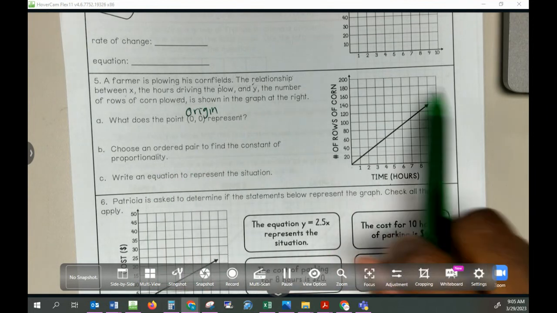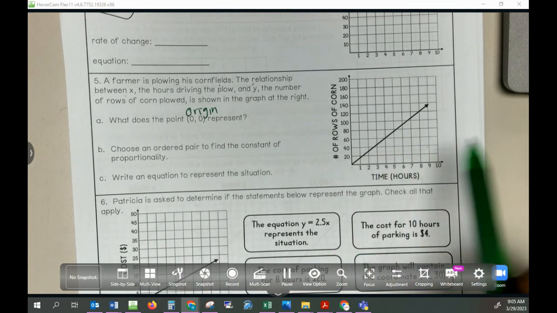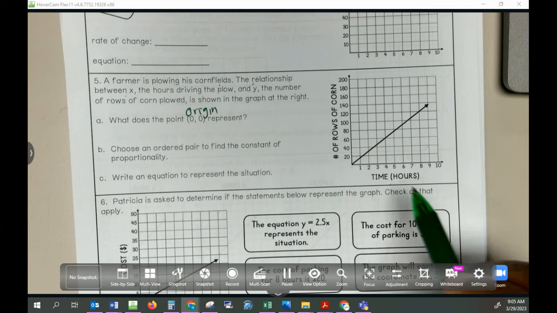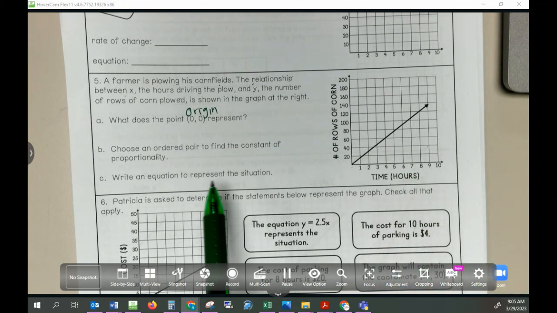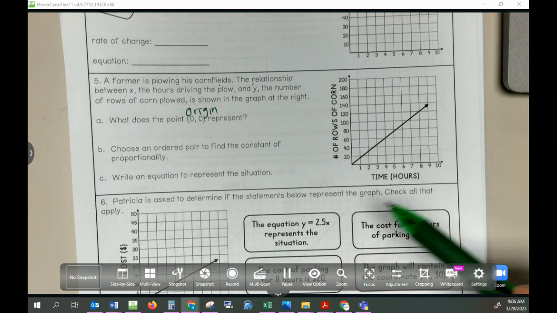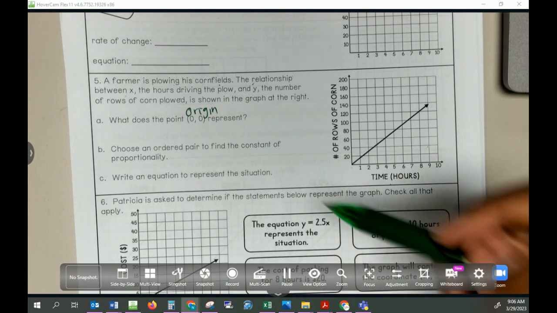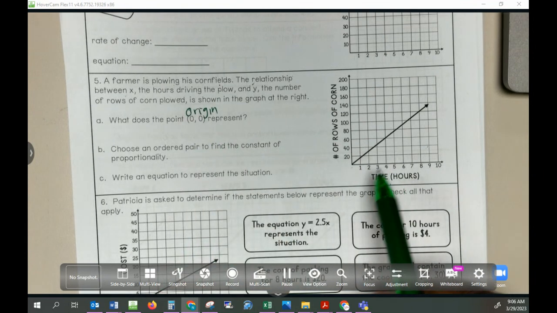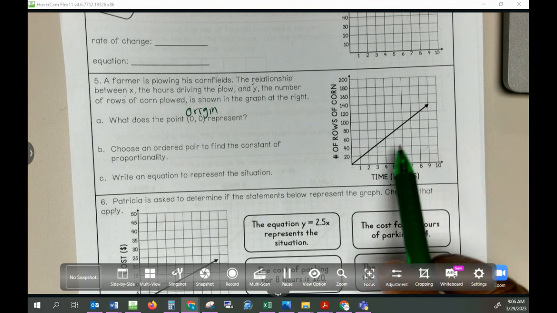Yes, but we want to know about in this scenario, because we have to be able to interpret what's happening in that very scenario, and that'll help you to grab hold of what's happening. So think about it like this. At 0, that means that in 0 hours he plowed 0 rows of corn. Corn was plowed in 0 hours. That's all that means. The point of it asking you what does it represent is because it wants you to be able to read a graph.